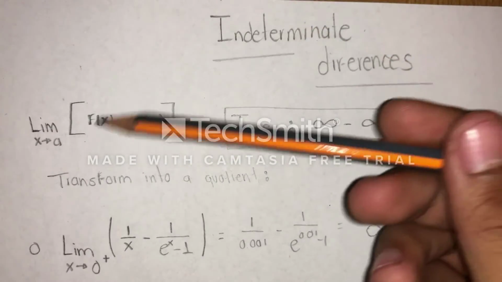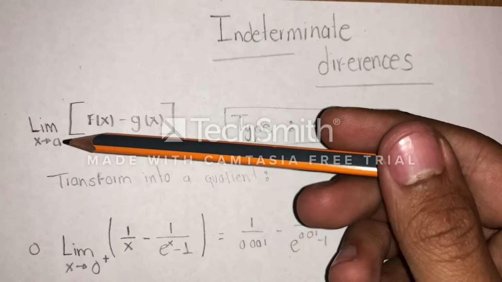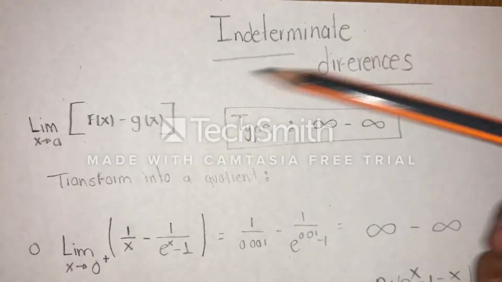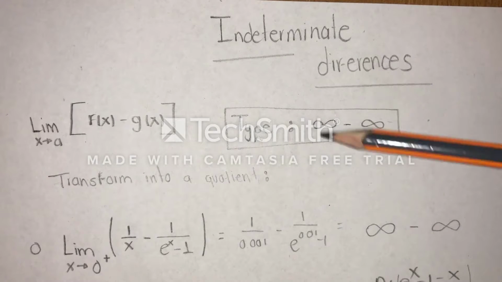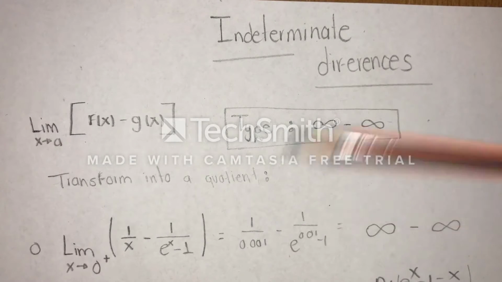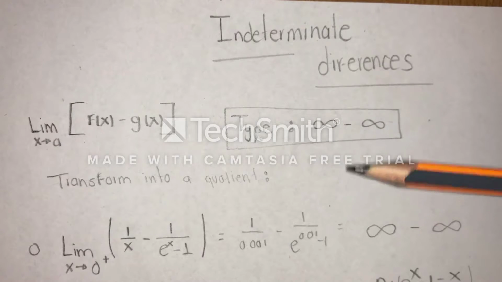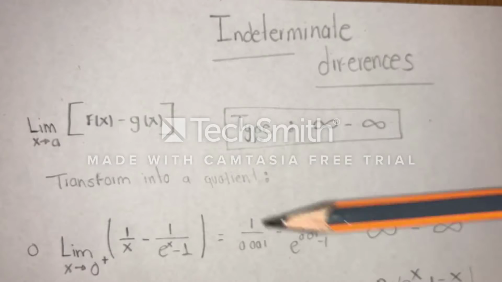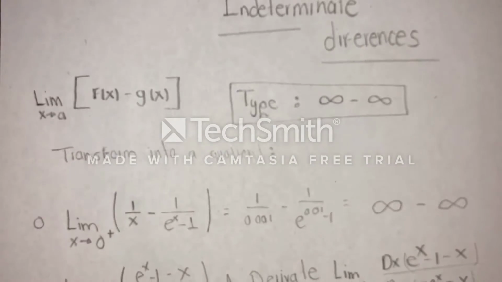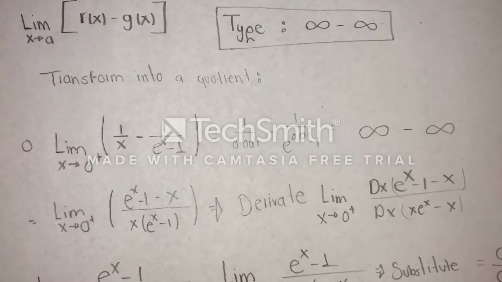When we substitute a, we might get infinity minus infinity. When we get this result, we have to transform this difference into an appropriate quotient, in which we can apply L'Hôpital's rule.